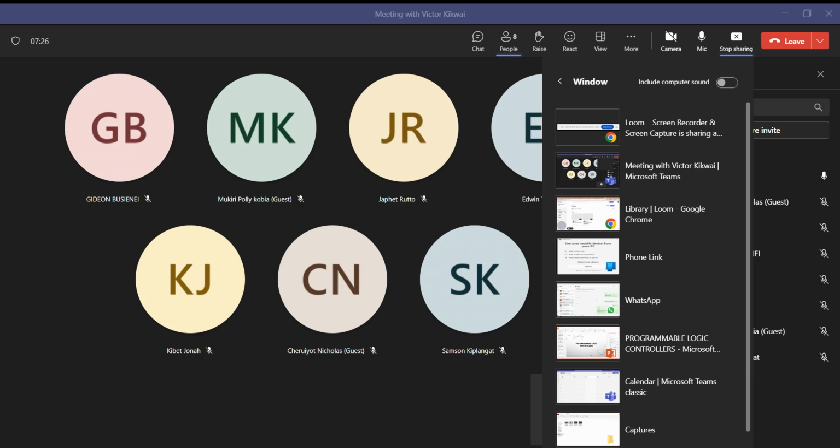To start with, what is a programmable logic controller? Who can tell us what they think it is? Anyone? A programmable logic controller is an industrial computer designed for controlling manufacturing processes.